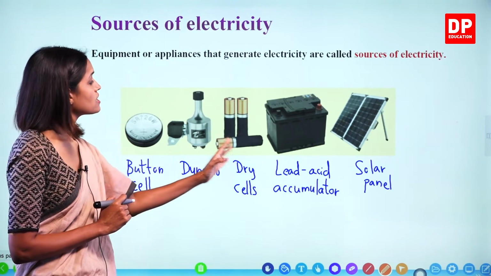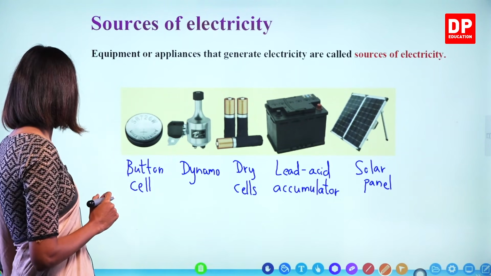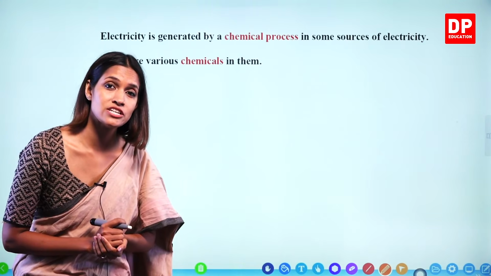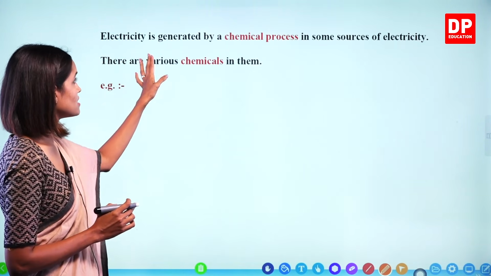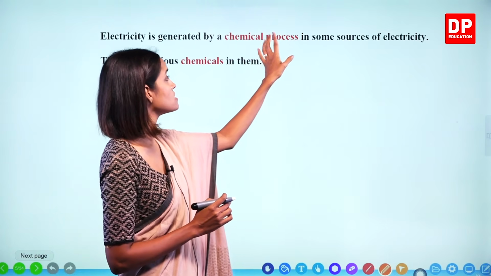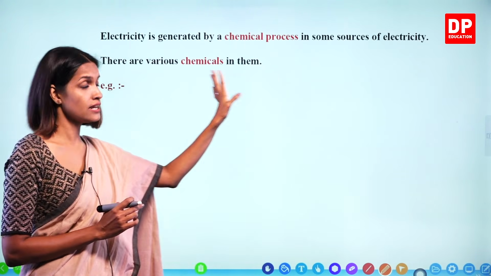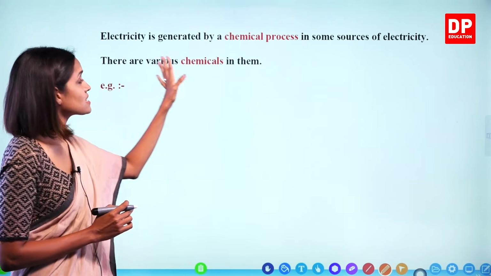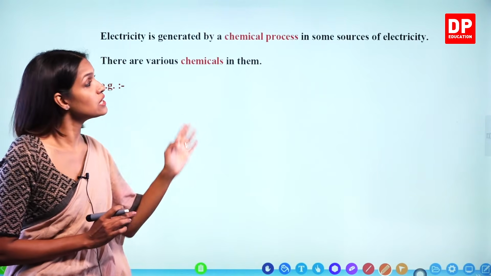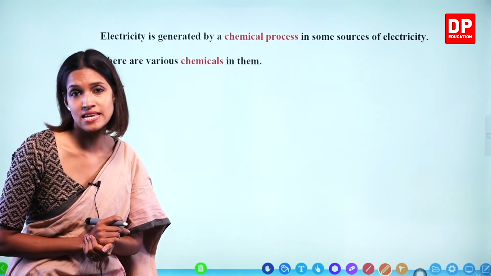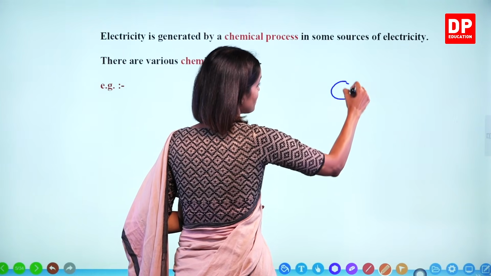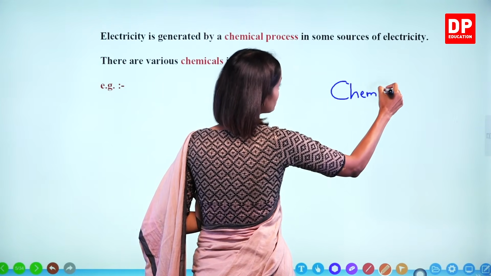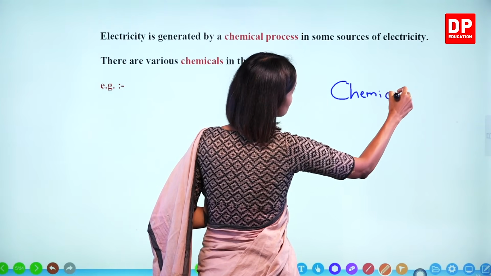So because of chemical reactions, some sources of electricity can generate electricity. There are various chemicals in them. So these are known as chemical cells. The name given to these type of sources of electricity is chemical cells or electric cells, also correct.